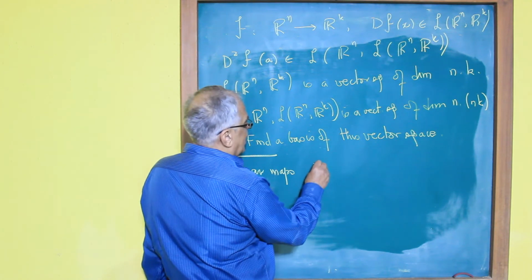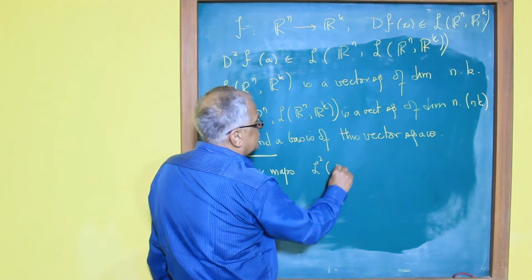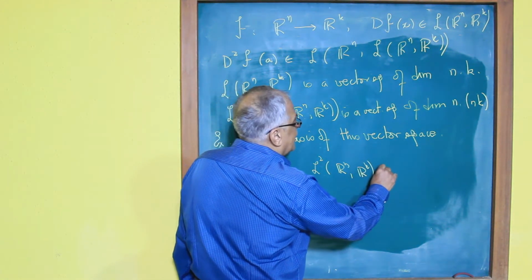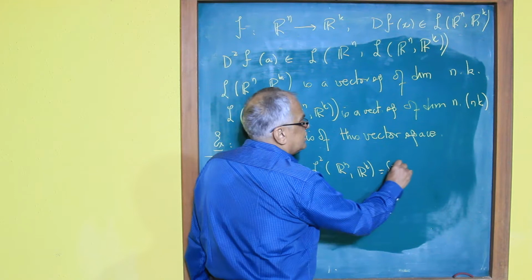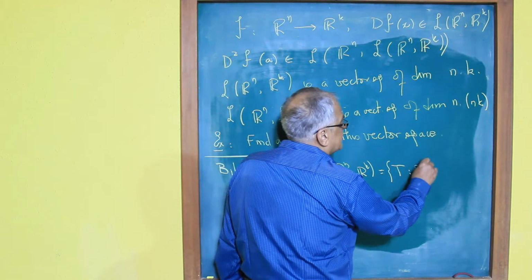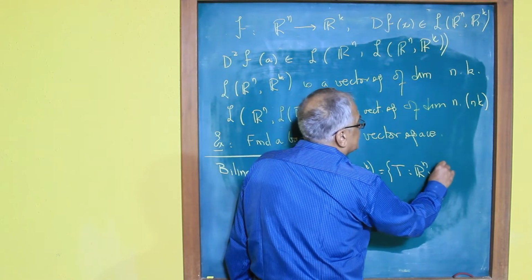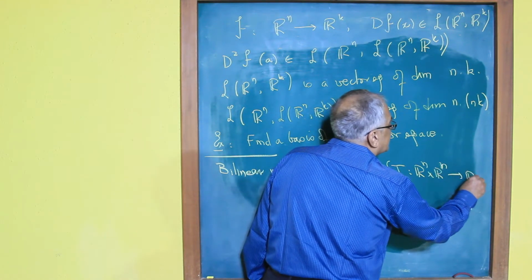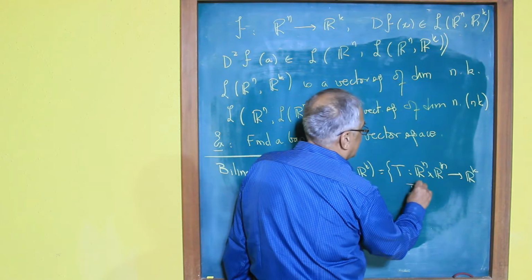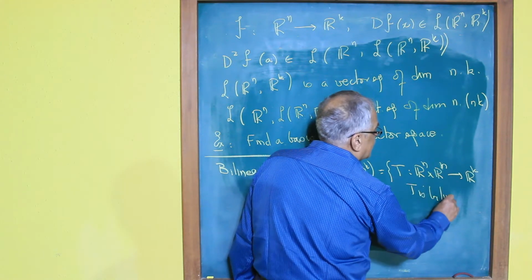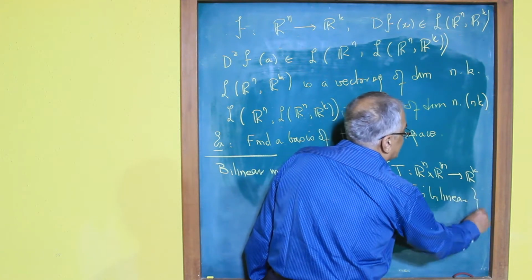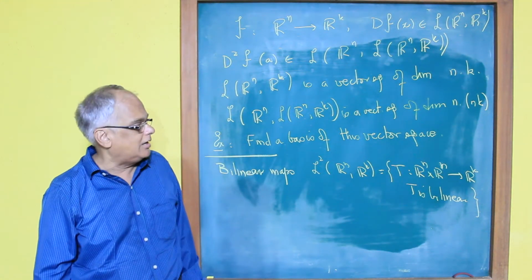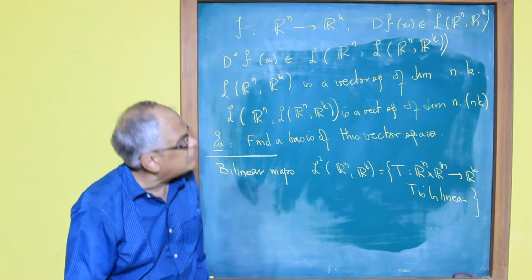I can denote it by L2 of Rn, Rk, and this consists of all maps T from Rn cross Rn to Rk which are bilinear.